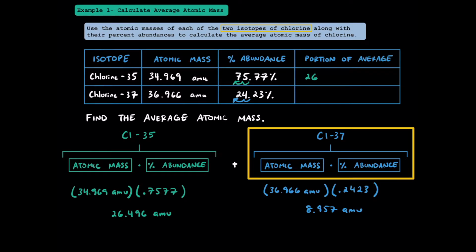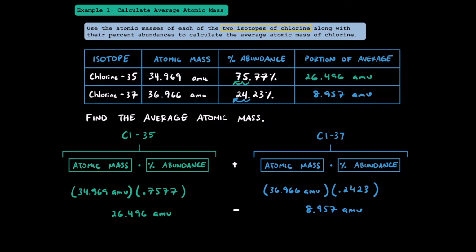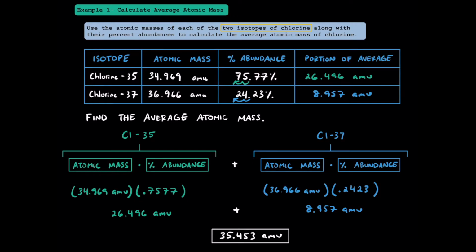Chlorine-35 contributes about 26.496 AMUs to the average atomic mass, and chlorine-37 contributes about 8.957 AMUs to the average atomic mass. Adding these 2 atomic masses together, we get an average atomic mass of chlorine of 35.453 AMUs. This is the average atomic mass of chlorine.